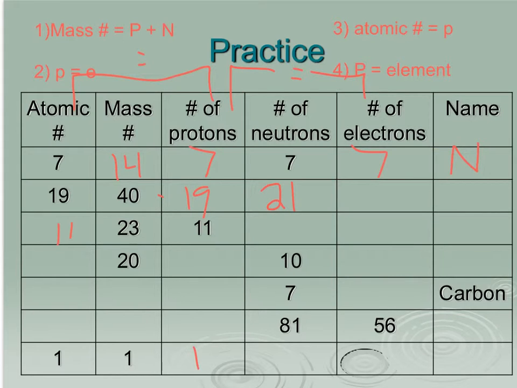So now if I added my protons and neutrons together, 19 plus 21, hey, look at that. That gives me our mass number of 40. Protons and electrons were the same, so that means I have 19 protons, 19 electrons. And if we look at our number of protons on the periodic table, element 19 is going to be potassium. So we're going to write potassium in here.